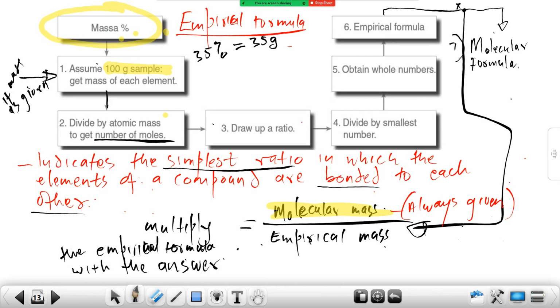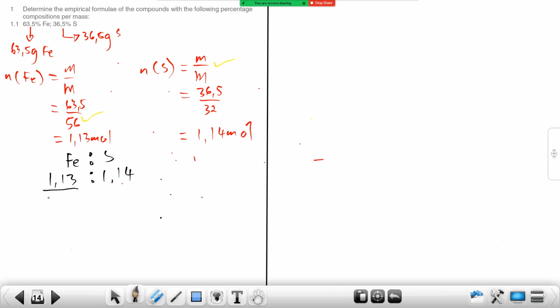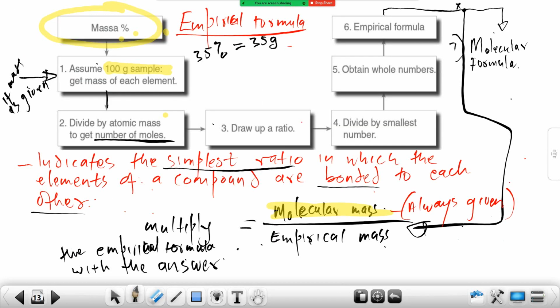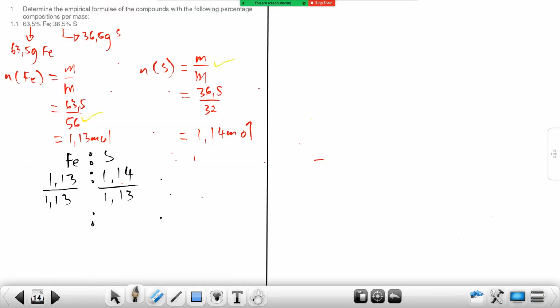What do I do after setting up that? Divide by the smallest number. So dividing by the smallest number is dividing by 1,13, dividing by 1,13. I am still in that ratio. Thereafter, obtain a whole number. If I obtain a whole number, this will be 1, this will be 1, then that is the whole number they are talking about.